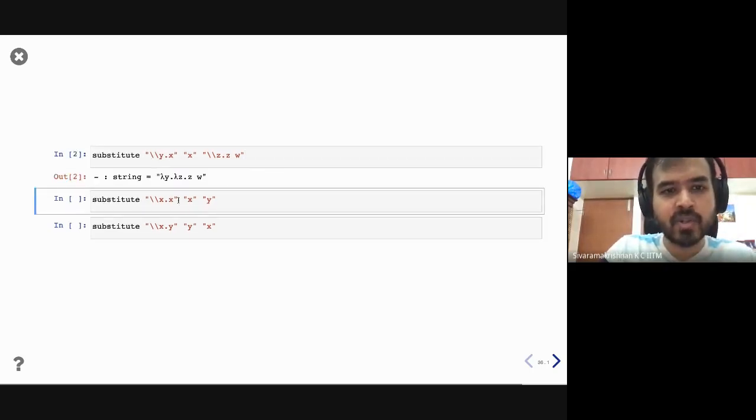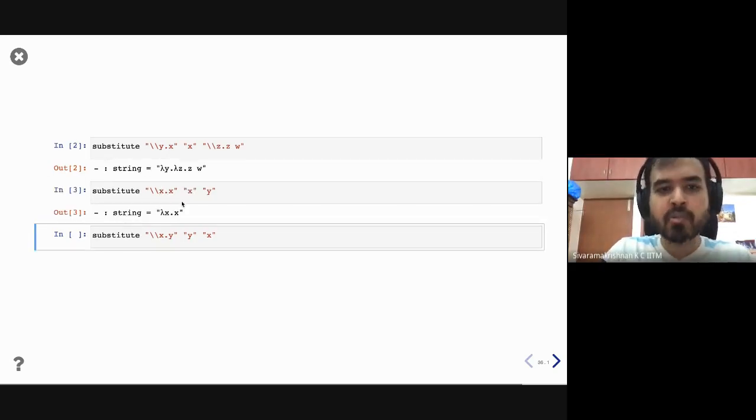zw. And if you do that, you get lambda y, lambda z dot zw, because x has been replaced by this, right? So here I am replacing the free occurrence of x's with y. And the observation is that there are no free occurrences. This x happens to be bound to the x here. So the output will be lambda xx. So this is the example that we saw just earlier.